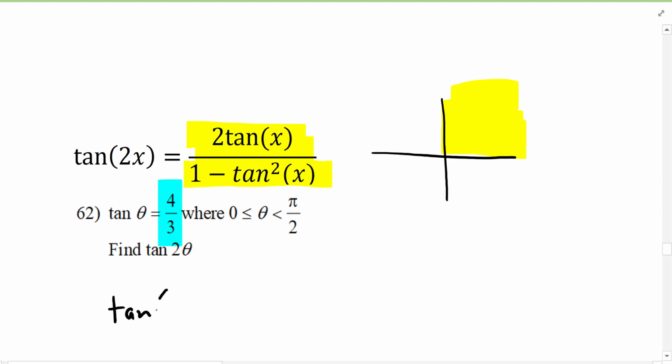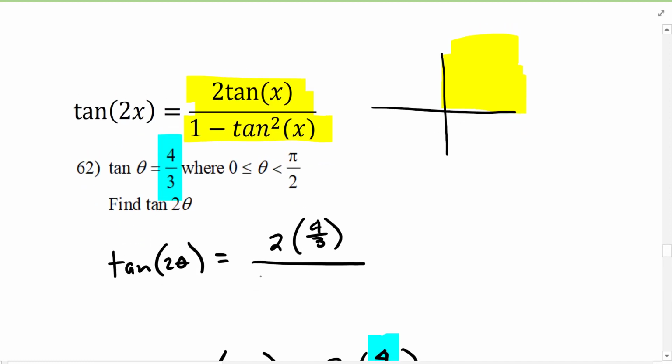So tangent 2 theta is equal to 2 times the tangent, which is 4/3. Let me erase that and write that a little bit better. Tangent of theta is 4/3, so 2 times 4/3 over 1 subtract 4/3 squared.